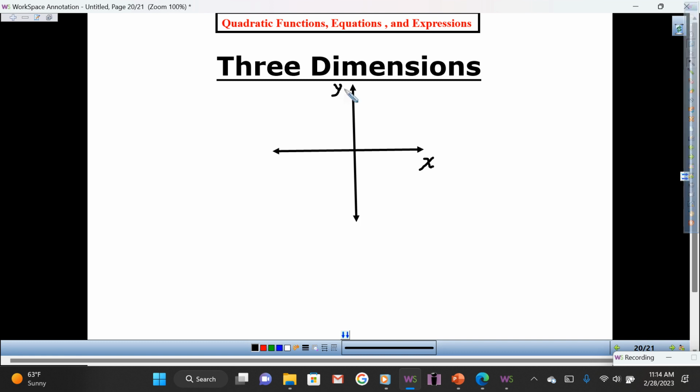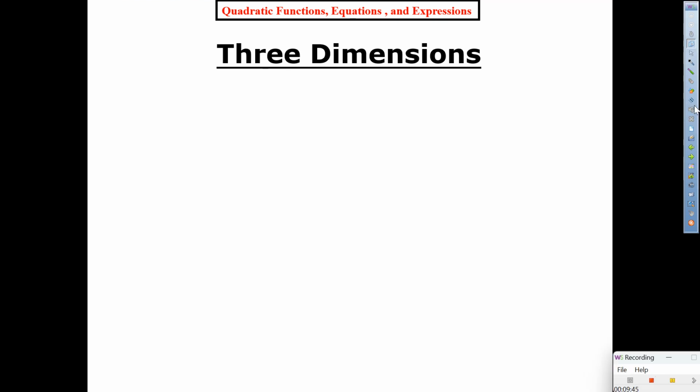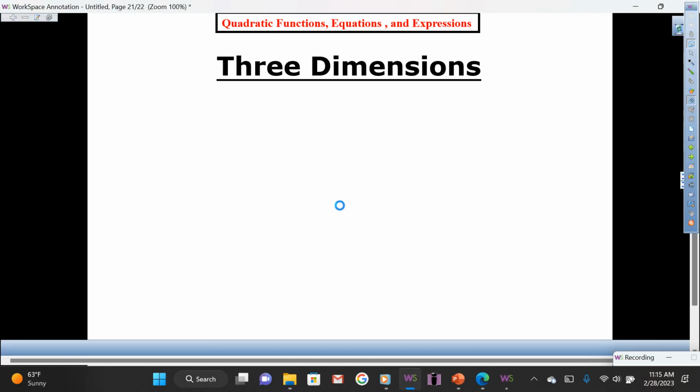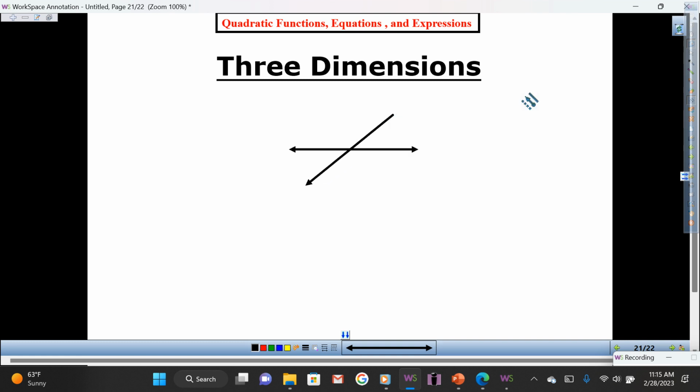So if I was to ask you to use your paper, you make a big coordinate plane, and it's only 2 dimensions, length and width. But let's say I said, Alyssa, go up to the screen and push the y-axis backwards. And imagine she was like a superhero, like a Power Ranger, and she pushed that. All of a sudden, in midair, we see how the x stays in place, but the y fell backwards.